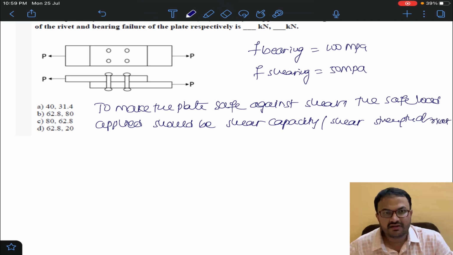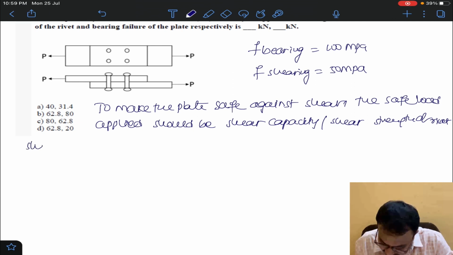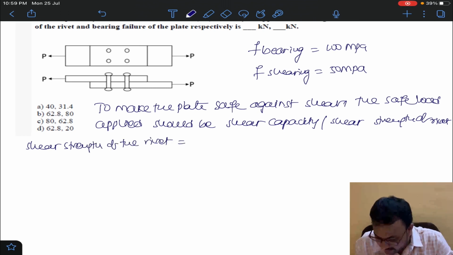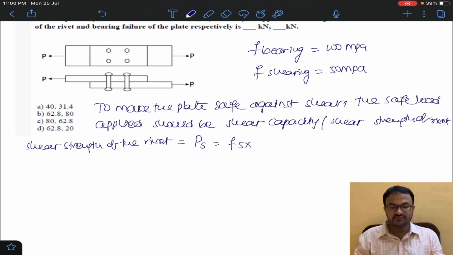Okay. Now we need to calculate the shear strength of the rivet. The shear strength of the rivet, I am taking this as P suffix S, is equal to allowable shear stress into N into pi by 4 d square. That is, allowable shear stress into area of each rivet, into the number of bolts.